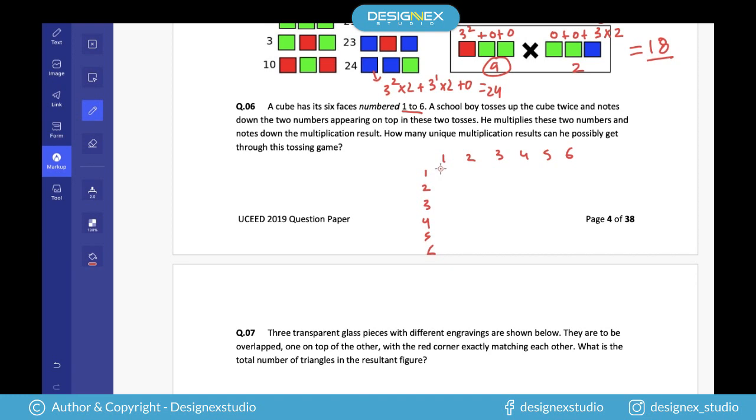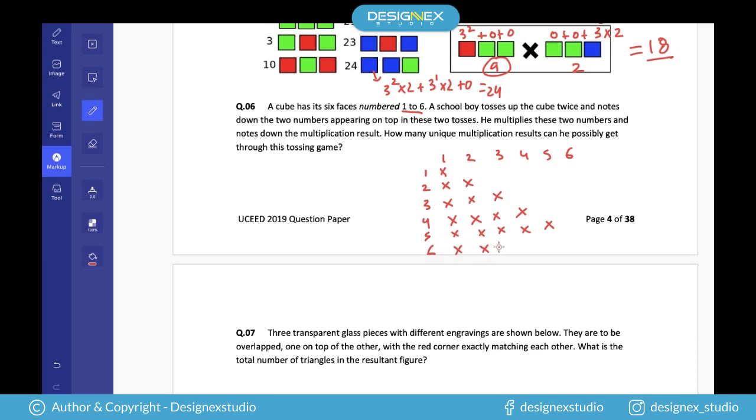So 1 into 1 you'll get, 1 unique. 1 into 2 you'll get, but 1 into 2 you'll also get here. 2 into 2 you'll be getting here. So you can avoid this. Similarly here, 4, because 4 into 3 is there, but 3 into 4 is there, so I'm not marking that. 5 into 1 is there, this is there, this is there. 5 into 5 is a unique one.